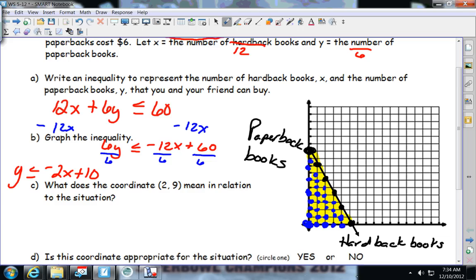But we shade below that line because it's just easier to see. We need to look for data that's below the line. But if I had something that said 0.5 and 1, is that a real solution? No, because this is the X, this is the Y. You can't have half of a hardback book. So this is not a solution.